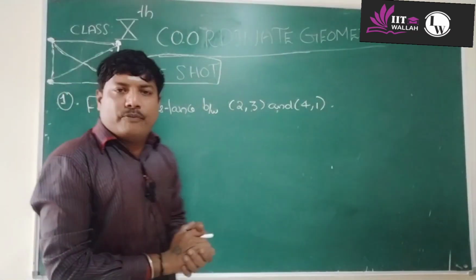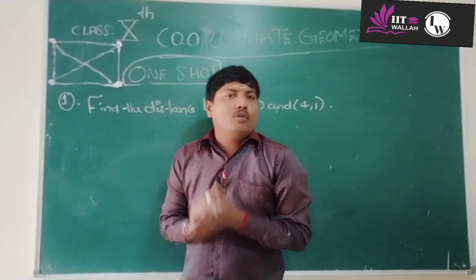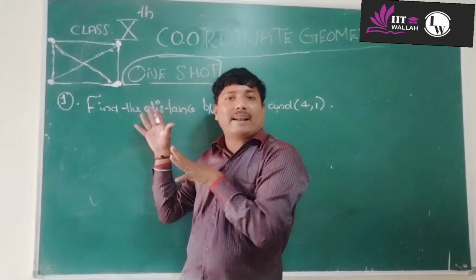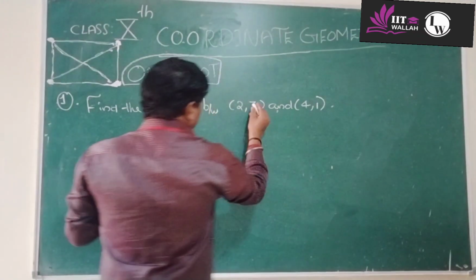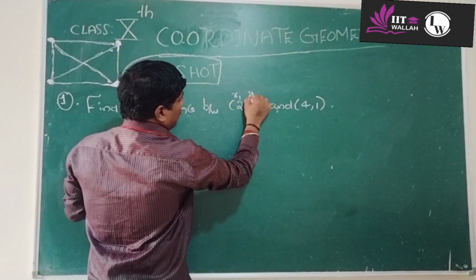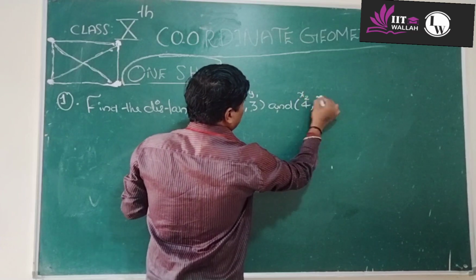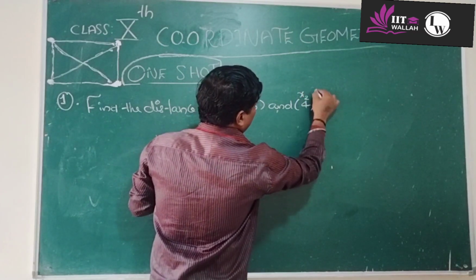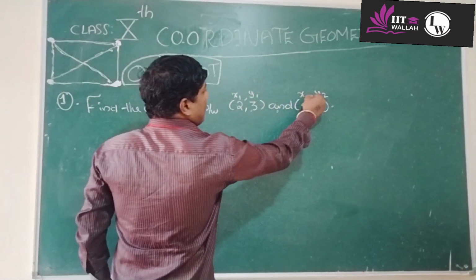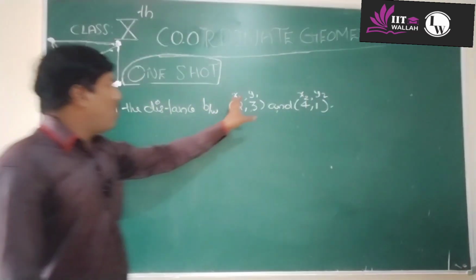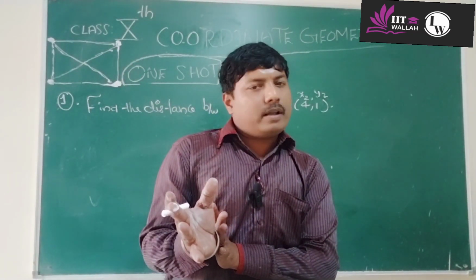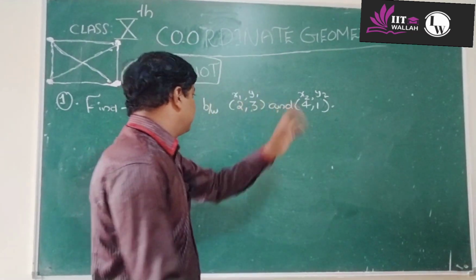For our comfort, if you have some confusion memorizing this formula, you can note this as x1, this is y1, this is x2, this is y2. First you know this, then you will never get it wrong.